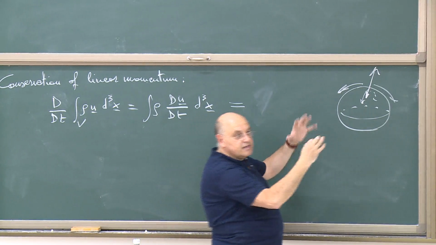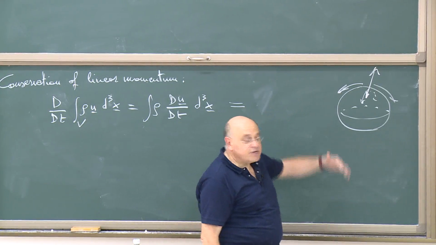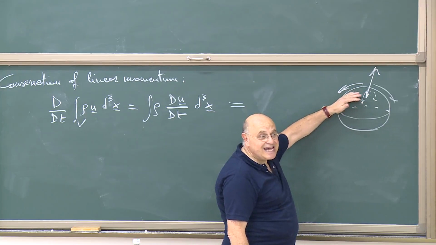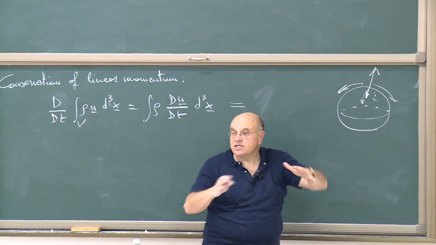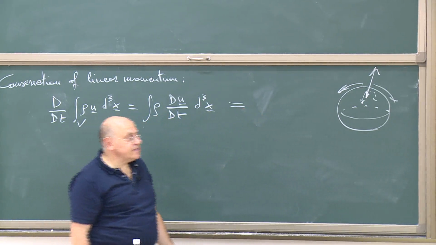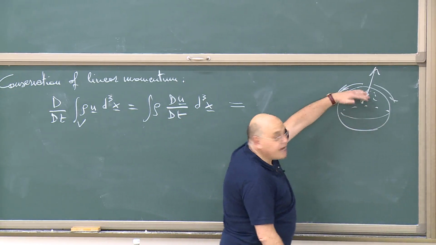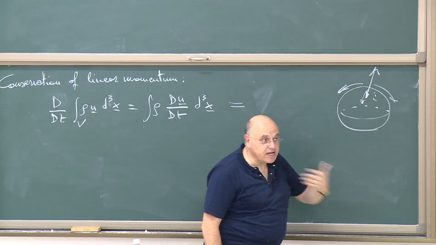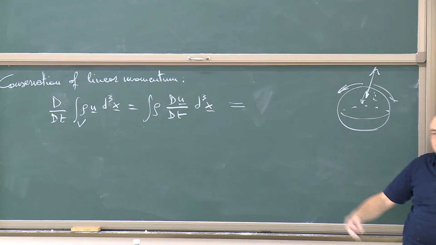Now, I'm losing a friend here because I'm saying that I will neglect these kinds of tangential forces. Well, I know I'm going to lose some friends because I care about these forces. I do care. But it depends on the context.